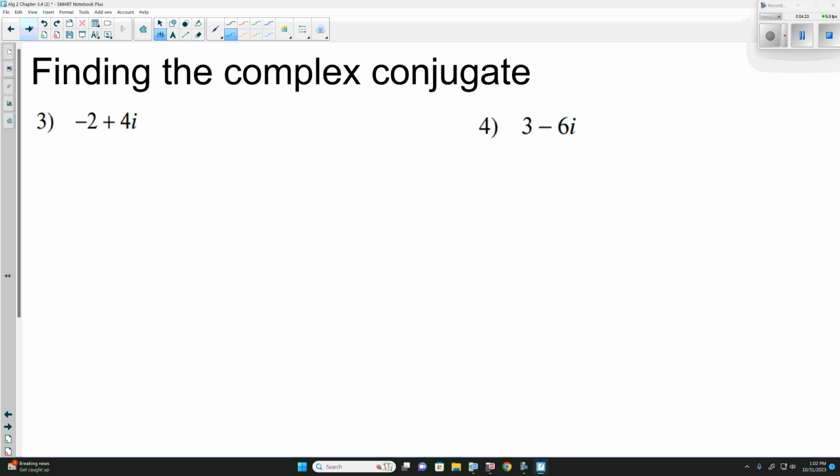So looking at number 3, negative 2 plus 4i, the complex conjugate would be negative 2 minus 4i. Now to find their product, we would take negative 2 plus 4i and multiply by negative 2 minus 4i.